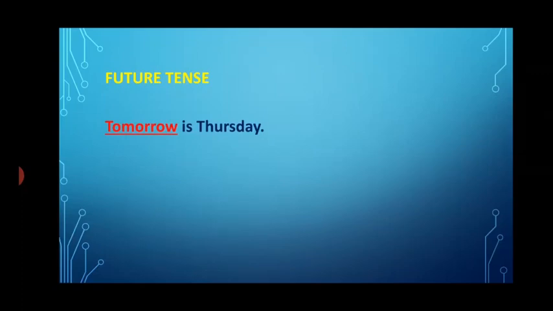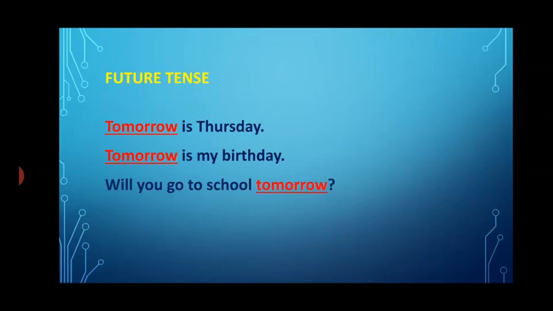So, see what is the word used for future? It is tomorrow. You can also say, tomorrow is my birthday. Tomorrow for future. Look at the next one. Will you go to school tomorrow? So, tomorrow for the future. Mummy will bake a cake tomorrow.